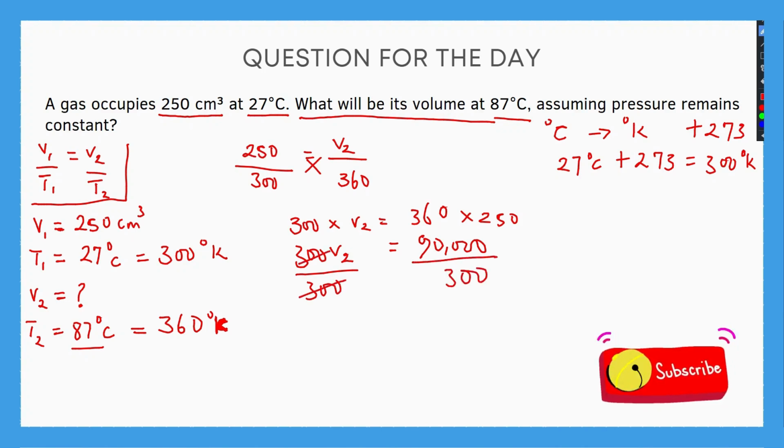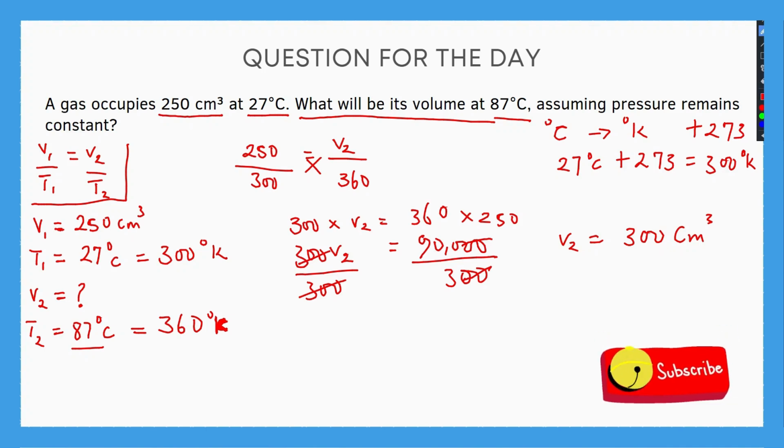So this cancels this, and what we have is V2 equal to 300 cm³ because it is volume. So we have calculated what the final volume will be, which is 300 cm³.